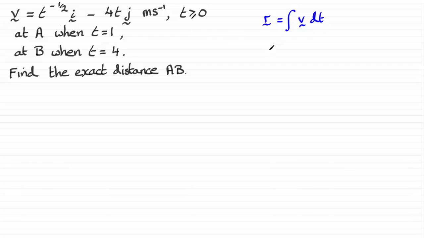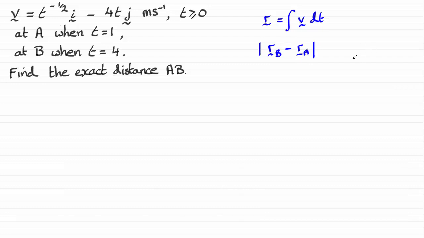So the distance AB is going to be given by the modulus of the position vector B minus the position vector of A. I mean, you could do the position vector of A minus the position vector of B if you liked, okay? It will still give you the same result.